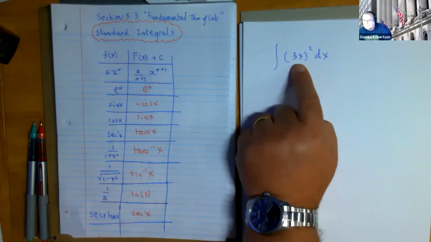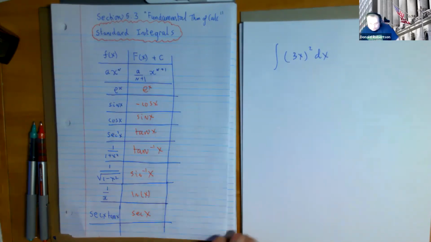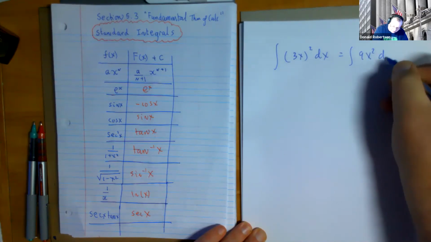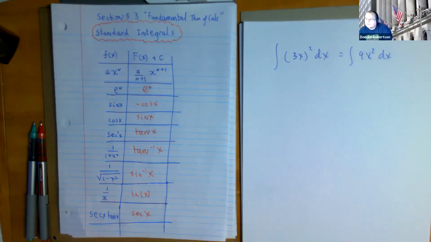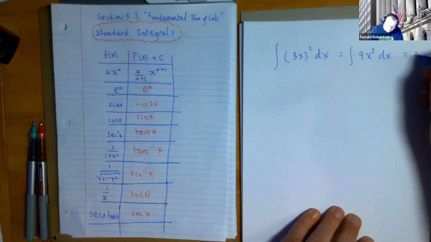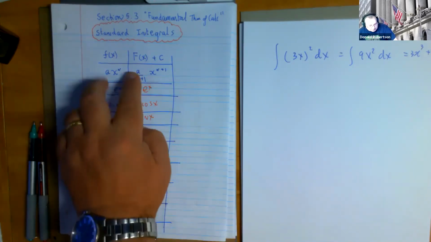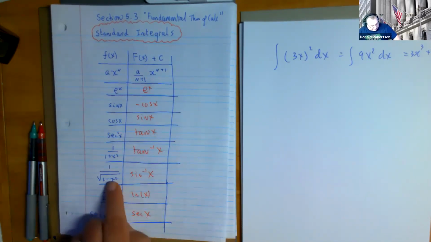Now, in that same vein then, here are some other versions of that same mistake. You do not do a power rule on 3x all squared. Don't you have to call it 9x squared? And then you can do the power rule on it. So that would be what? Eventually 3x cubed plus c. So what I'm saying here is, have you noticed that standard integrals have x's?